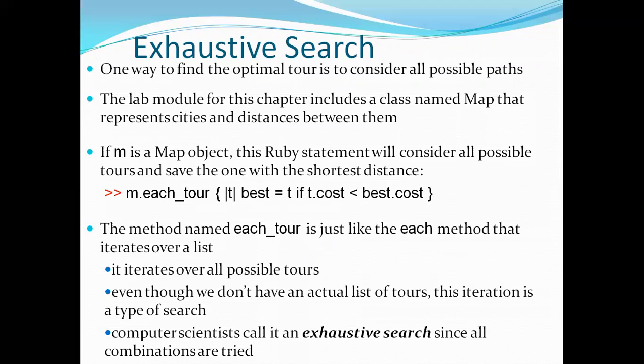Here, the one step is to find the optimal tour by considering all possible paths. We need to indicate almost all the possible ways initially. The lab manual for this chapter includes a class named Map that represents cities and the distances between them.